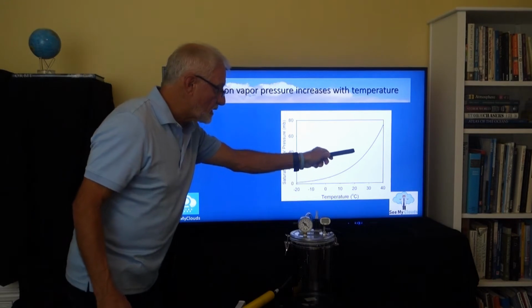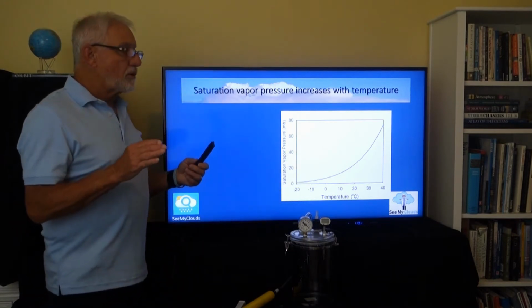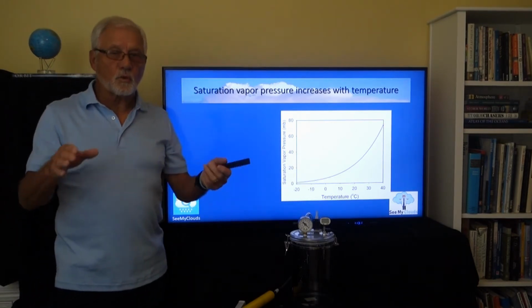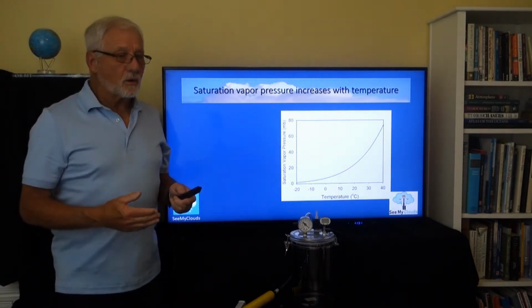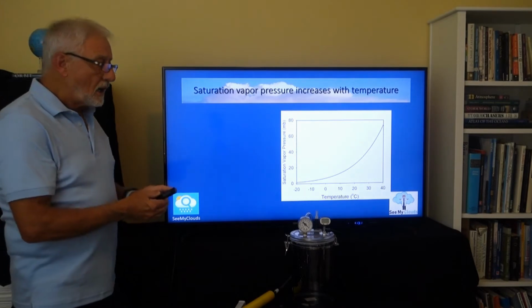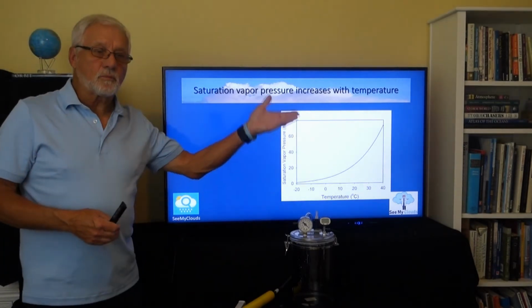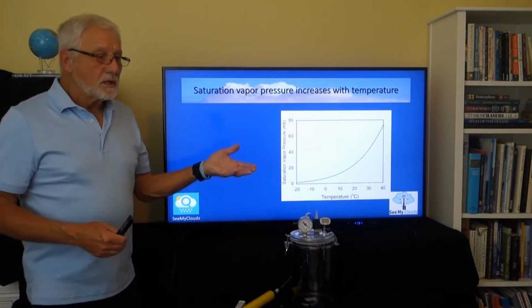So this increases with temperature. Now remember that the saturation vapor pressure is just what we have in that idealized state, where we're right at saturation. So in the atmosphere itself, we will generally be below saturation.